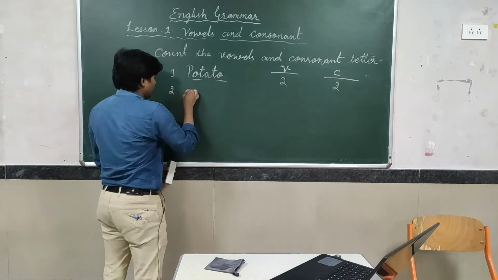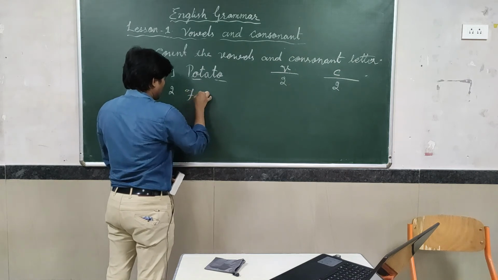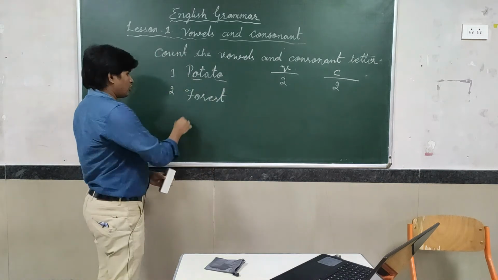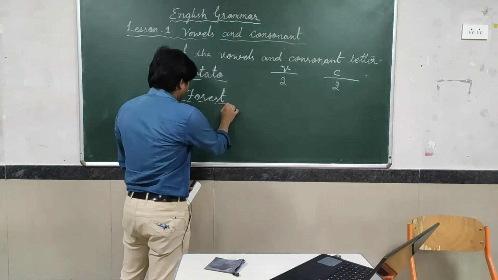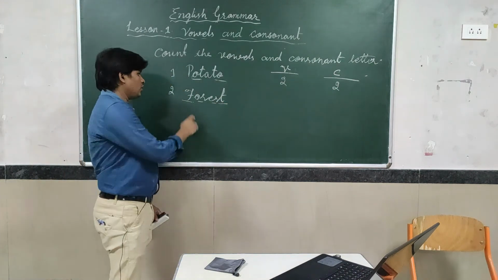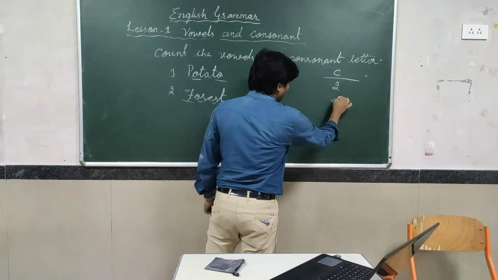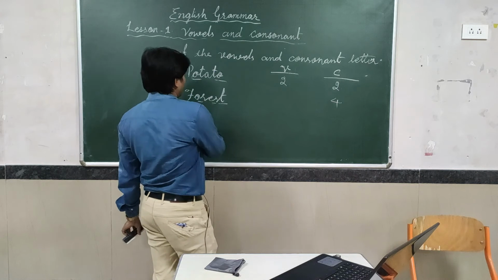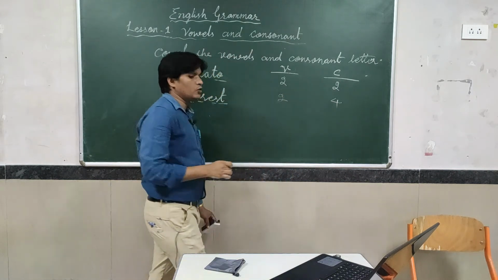Second example: forest. F-O-R-E-S-T, forest. So F, R, S, T. How many letters came? 1, 2, 3, 4. 4 consonants came. How many vowels came? 1, 2, O and E. So the vowel count is 2.